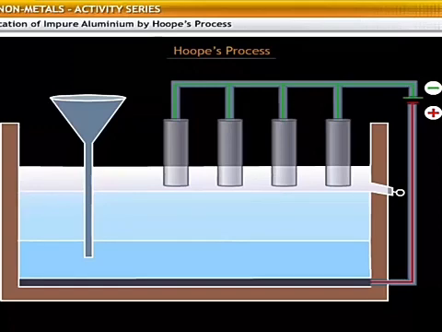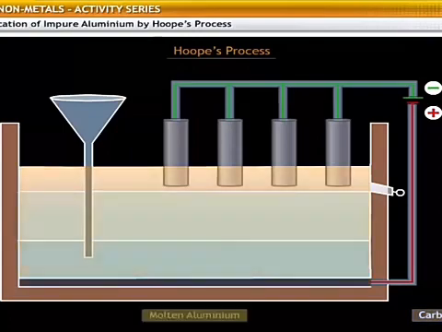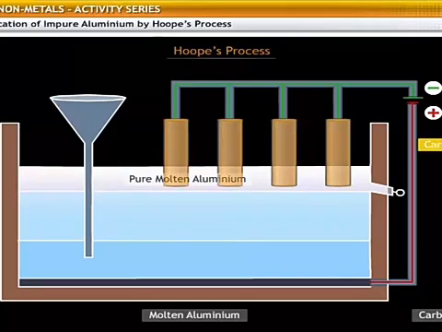Hoope's cell consists of an iron tank lined at the base with carbon, and 3 layers of molten aluminium with different densities to prevent their mixing. The upper layer of the electrolytic cell consists of pure molten aluminium with a series of carbon rods that serve as the cathode.